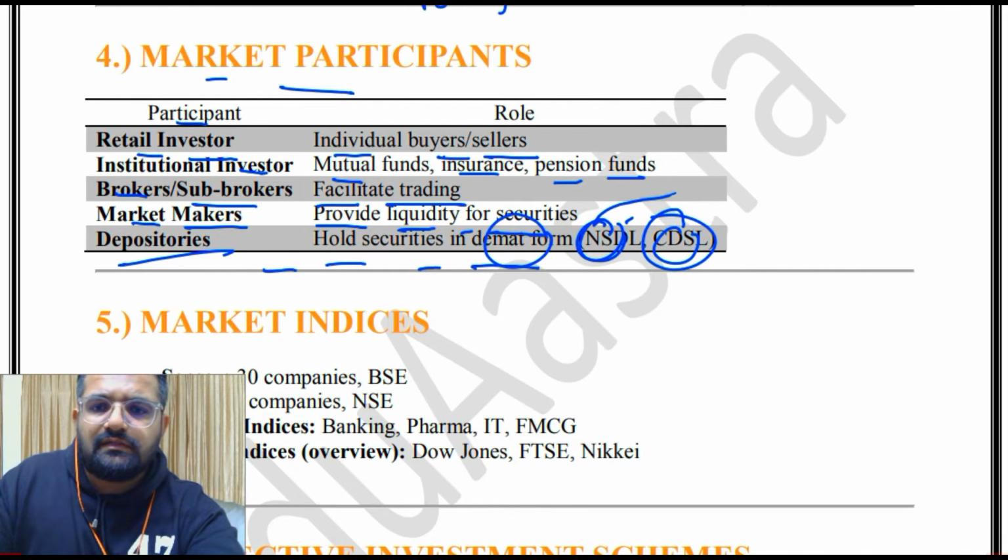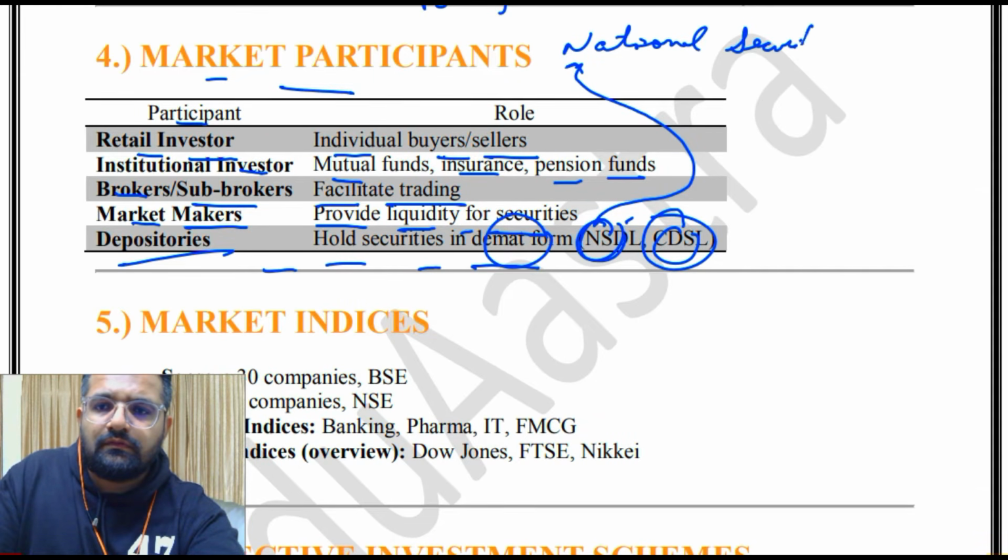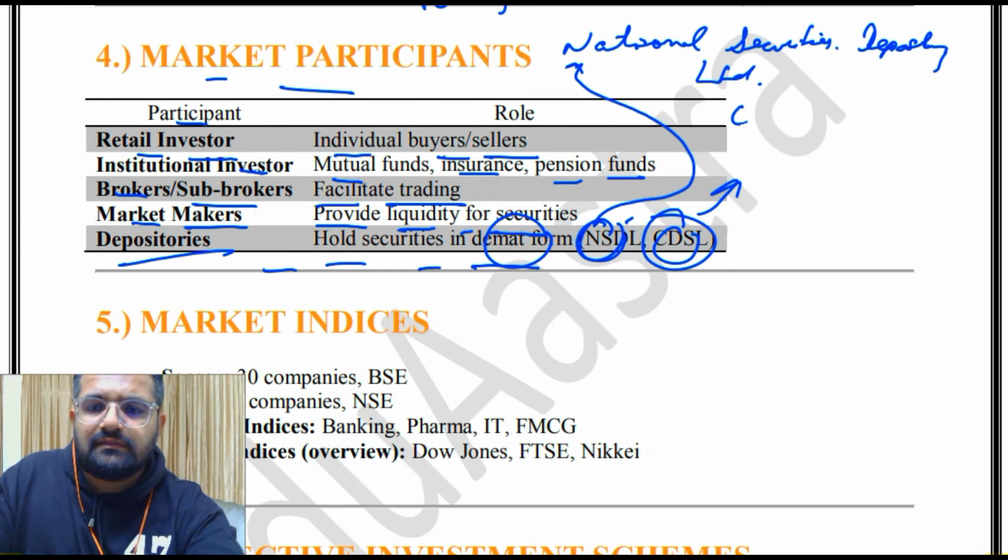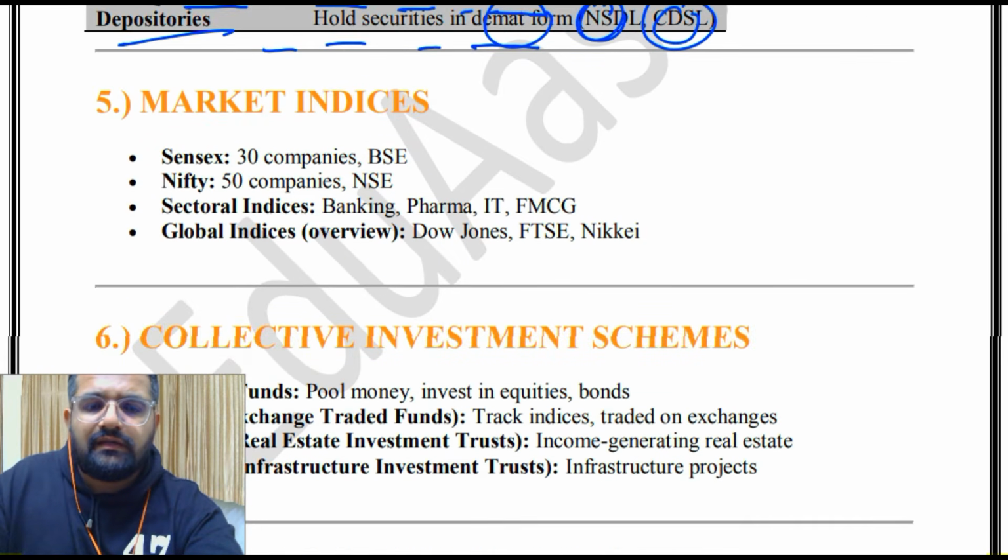So NSDL is National Securities Depository Limited, and CDSL is Central Depository Services Limited. Then market indices, Sensex 30 companies, Bombay Stock Exchange.